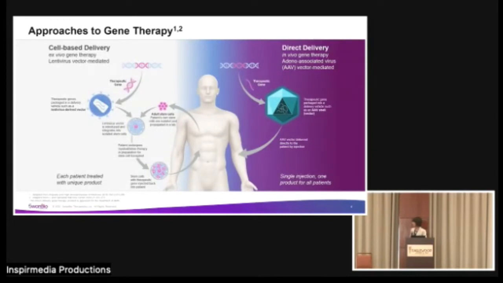So Florian did a very nice job taking you through these two different types of gene therapy, the ex vivo, which is on the gray side of the slide here, and the in vivo, or direct delivery, which is on the purple side.